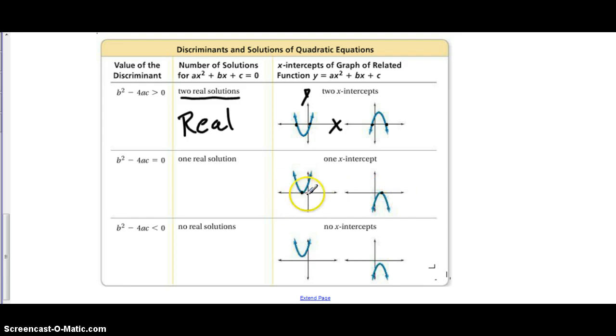When it has that bounce off the x-axis, you're going to have just one real solution. The counterexample to real, the no real solutions, in other words, imaginary, is where the graph does not cross the x-axis.